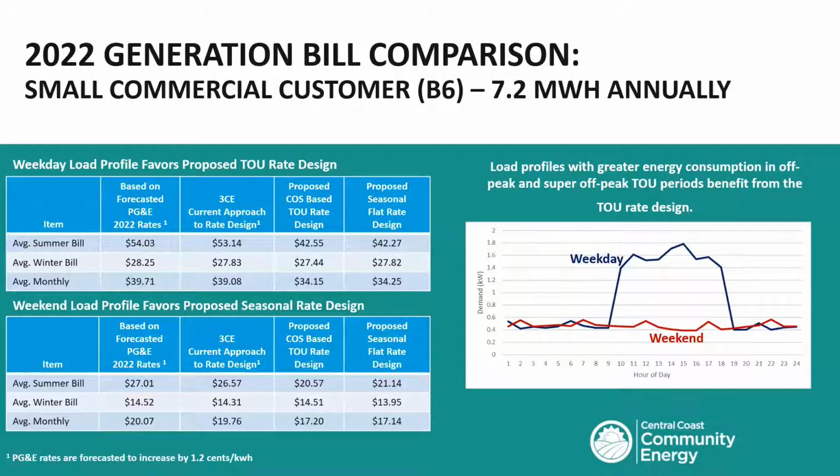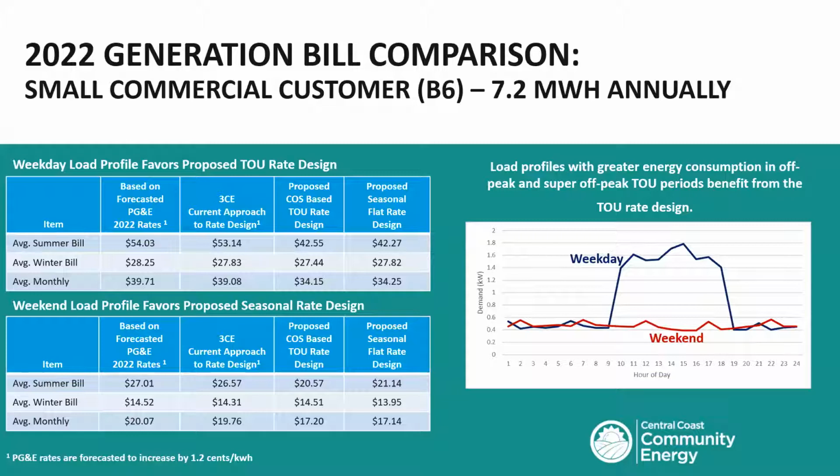So if your load profile and your operations look like this example on the weekday, what we've done in the analysis, going back over to the left, is look at your average monthly bill. Under the forecasted rates of PG&E, your monthly bill is about $39.71.